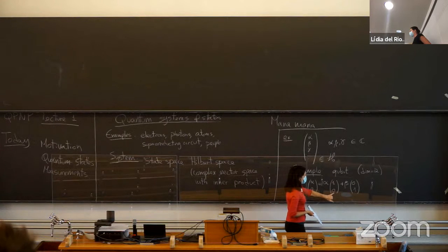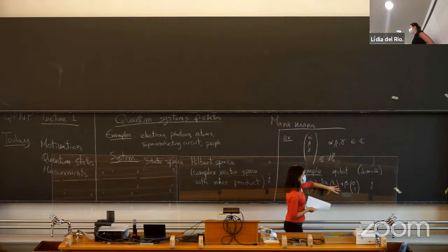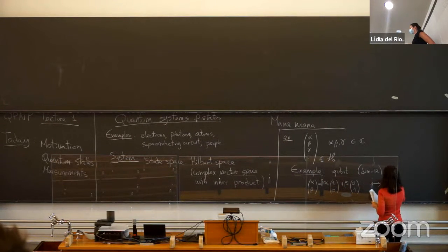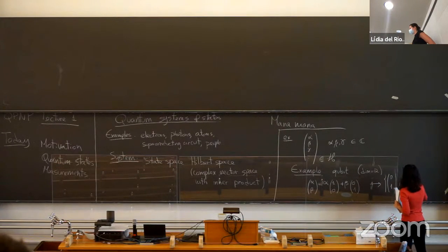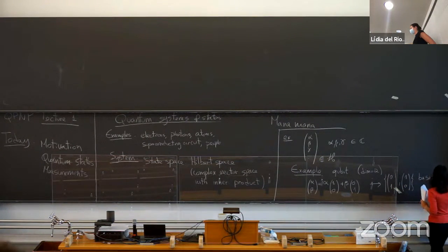Because (1, 0) and (0, 1) form a basis for this space, meaning that they're orthonormal, and we'll get to what this means later. I know you know what it means, but what it means in the notation we'll introduce, and they span the whole space. So (1, 0), (0, 1) is a basis for my Hilbert space of dimension 2. And we normally call it the Z basis or the computational basis.